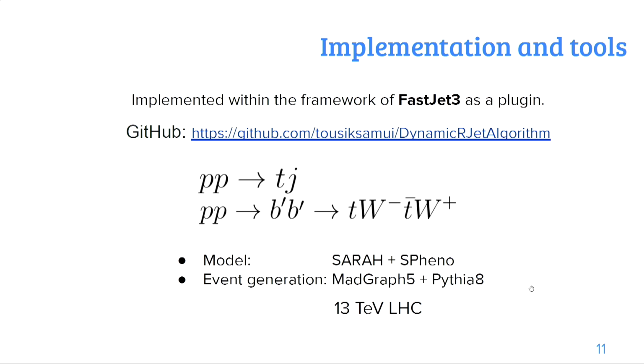So this has been implemented as a plugin to the already existing framework by which we cluster the jets. It's FastJet, the third version of it, and the implementation is available on GitHub. We used it in two different types of events.